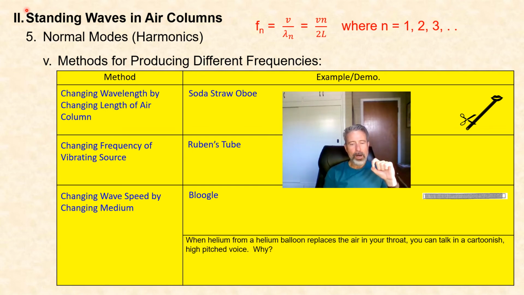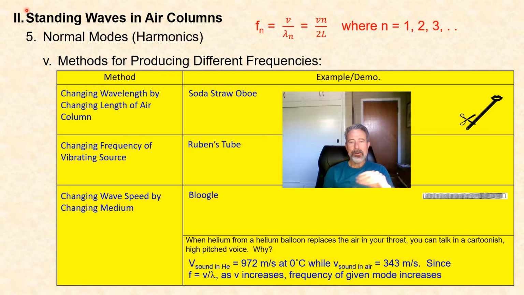Well, as you can see here, you're changing the speed of the wave in the column of air that is your throat. The typical speed of sound in helium is quite fast, about 972 meters per second, whereas you know that the speed of sound in air is only about a third of that, 343 meters per second. And since frequency is directly proportional to wave speed, an increase in wave speed should correspond to an increase in frequency.